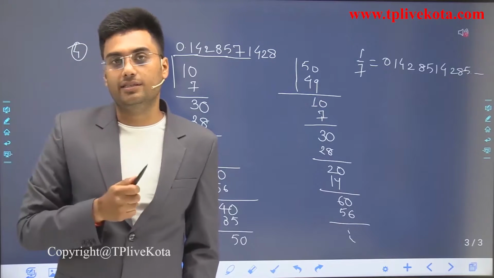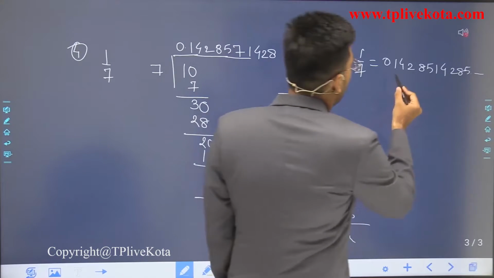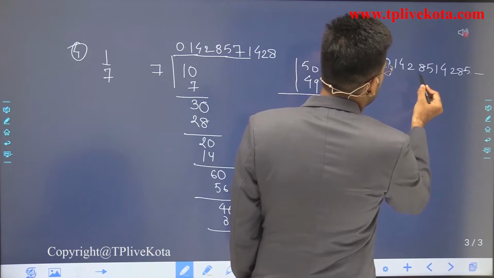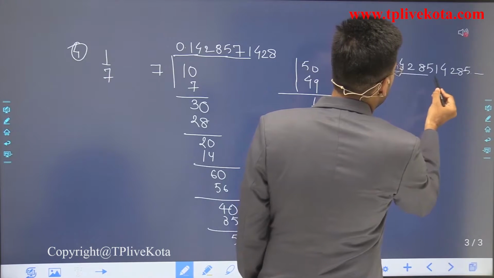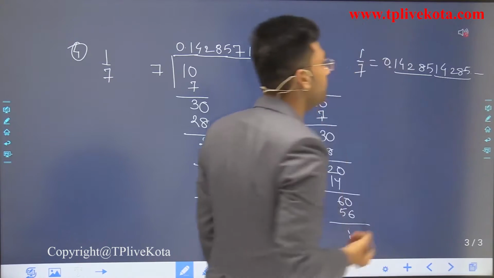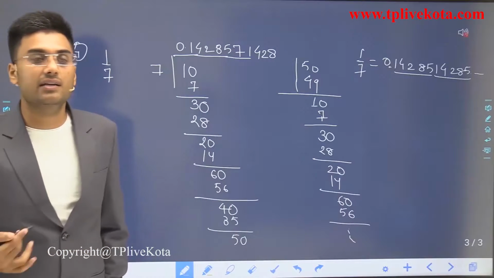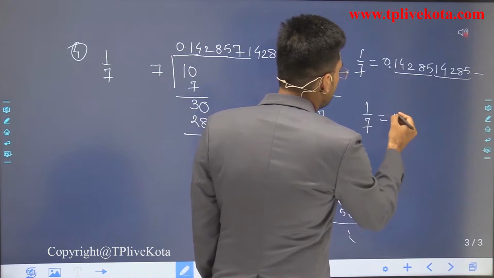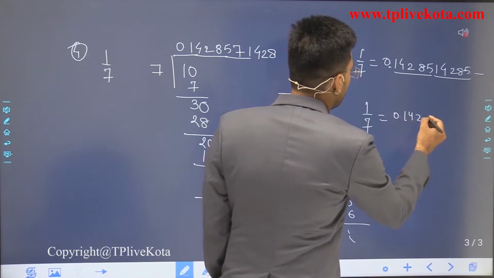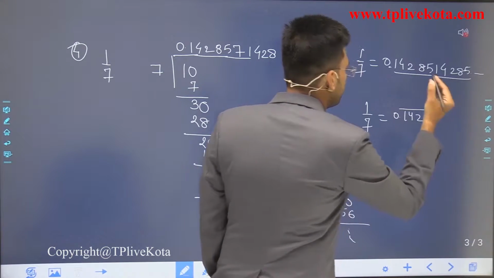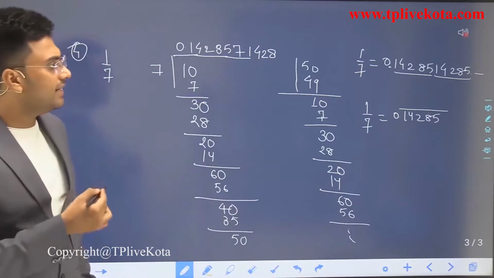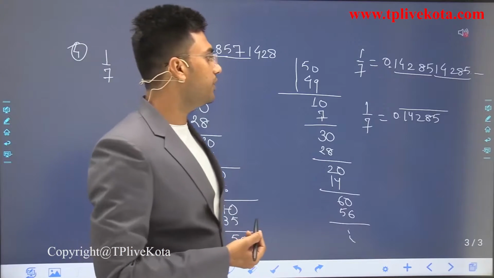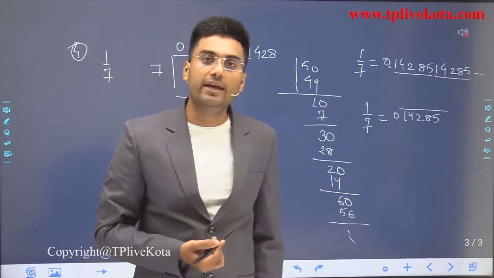Earlier only single digits repeated, but here it repeats 1 2 3 4 5, means 14285. 14285 means 5 digits repeat, and we can write it as 1 upon 7 is equal to 0.14285. So we can write it as 0.14285 bar.